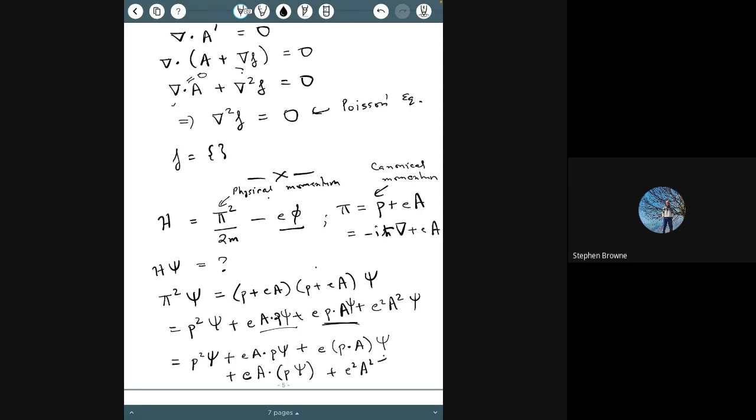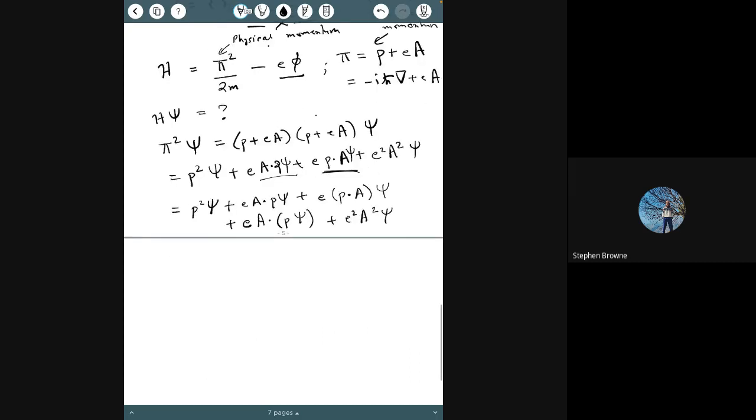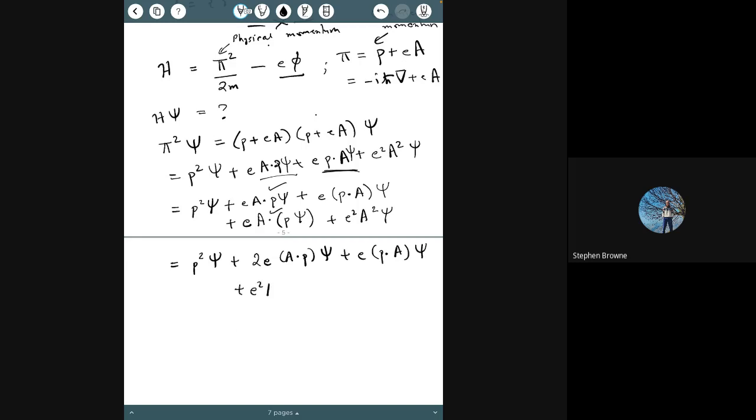And this is just a multiplicative thing. So you have P squared psi, and so this and this are the same. So I can have 2E A dot P psi, you have E P dot A psi plus E square A square psi.